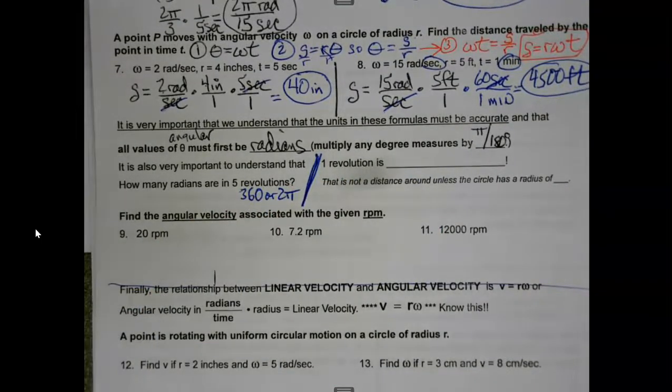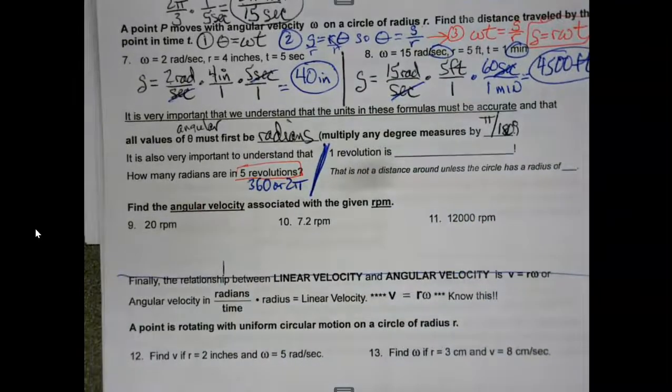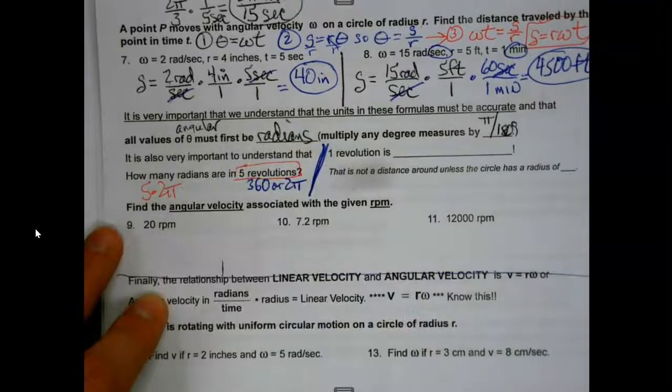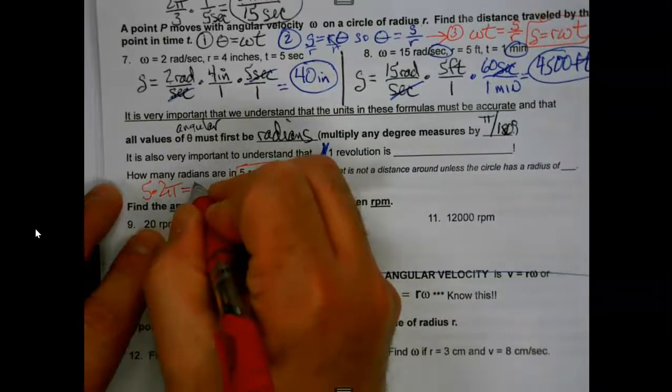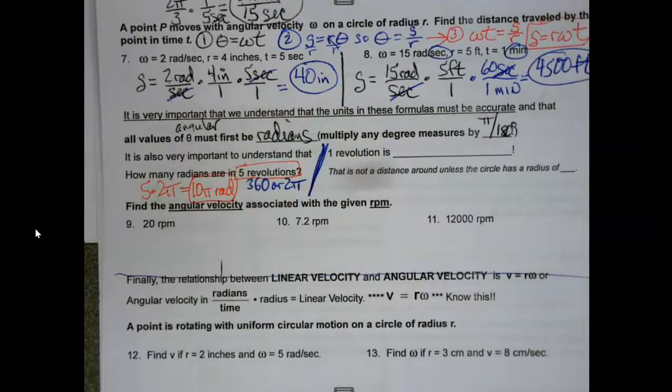So, if it was asking us how many radians are in 5 revolutions, since we're always speaking in radian, five revolutions would be 10 pi radians, because every revolution is 360 degrees, or 2 pi.